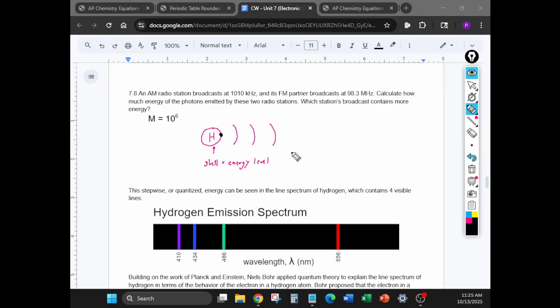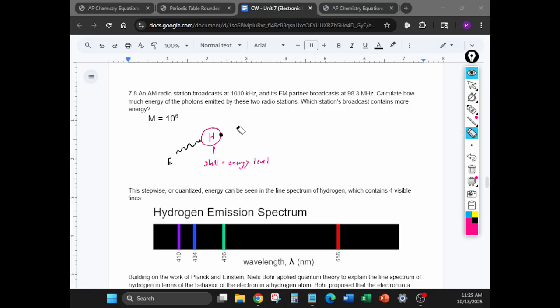So let's say that I put energy into hydrogen. Okay, so this is energy. Depending on the amount of energy, the electron can go up to the second energy level, the third, the fourth. There's actually even more energy levels beyond that. So you can put energy into an atom, and the electron can go up to different energy levels.